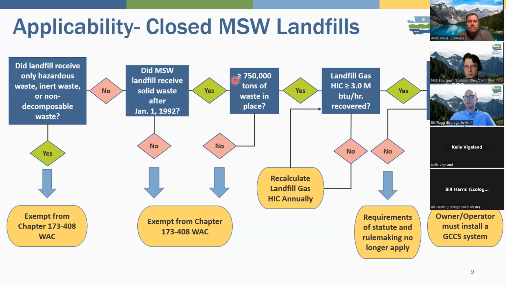If the closed landfill does not hit this 750,000 tons of waste in place threshold, it's automatically exempt from this chapter, this rulemaking. So we're only looking at landfills that have greater than or equal to 750,000 tons of waste in place. Those landfills will have to calculate their heat input capacity, and they'll have to do so.